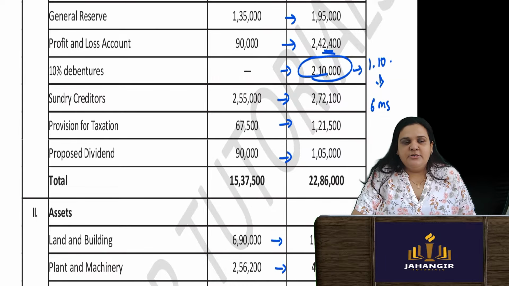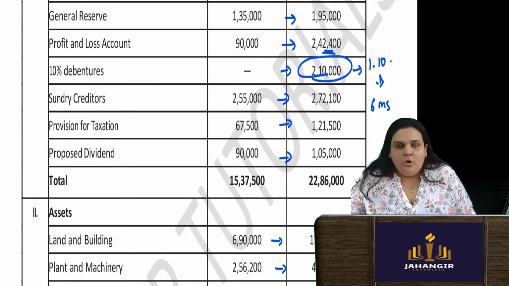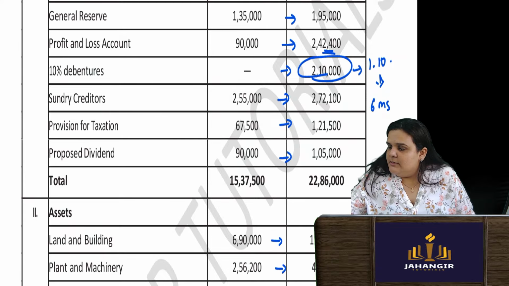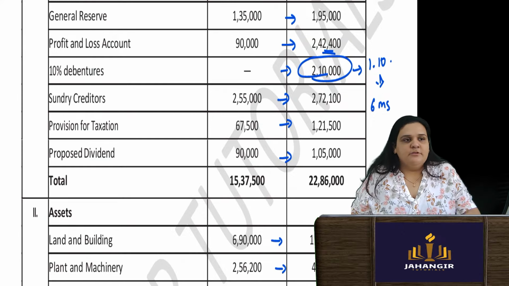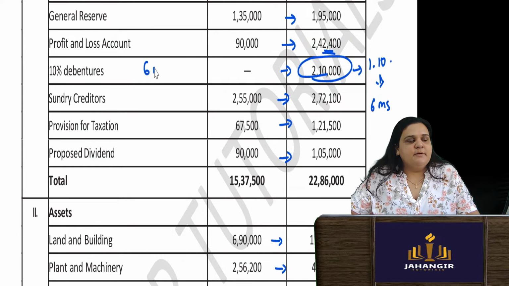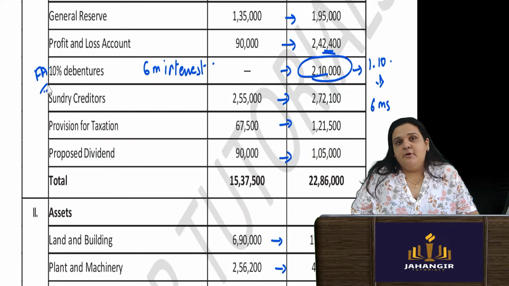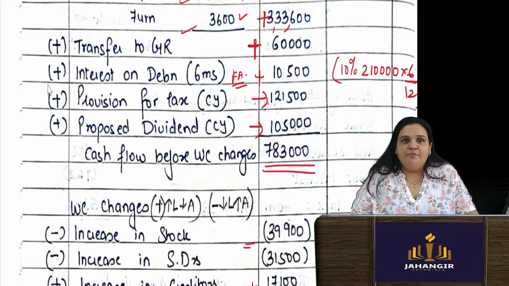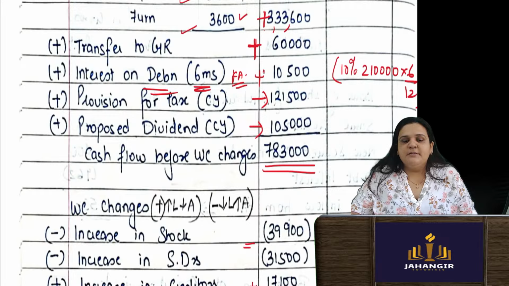So on my 2,10,000 at 10%, that is 21,000 divided by 2, 10,500 will be my 6 months interest on debentures. This is my financial related activity. It has gone into the profit and loss statement. It has reduced my profit. I'm going to add it back. Interest on debentures for 6 months, 10,500.